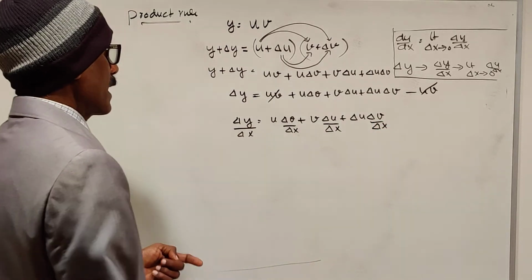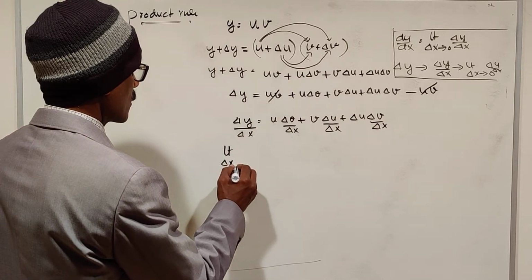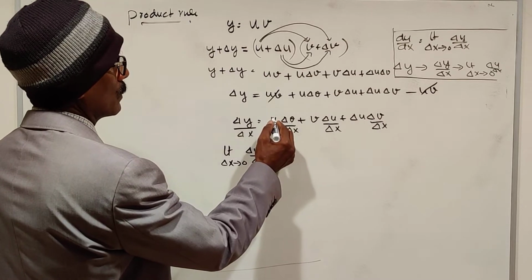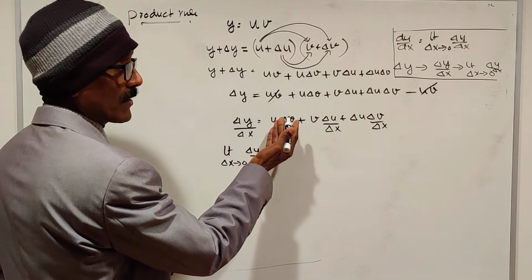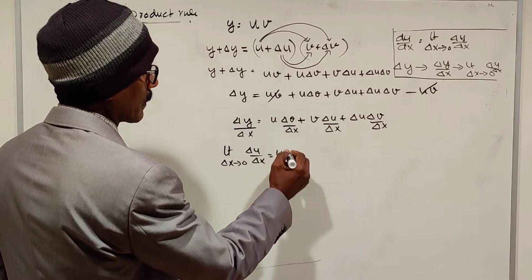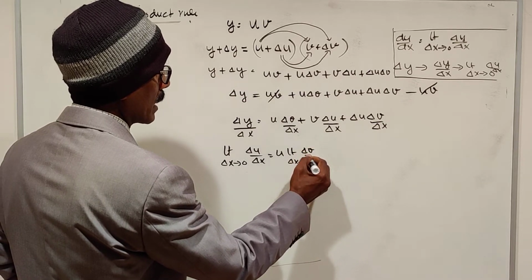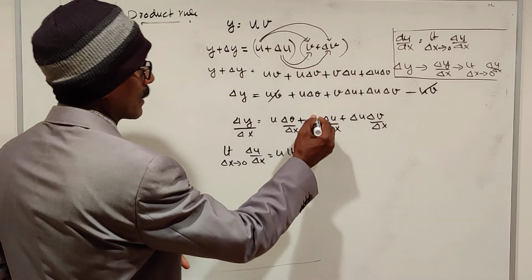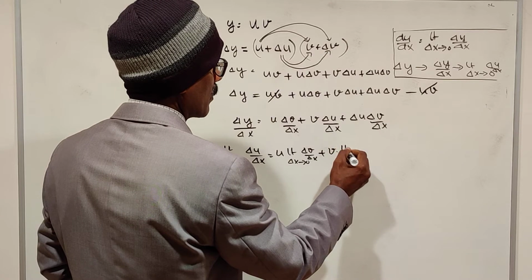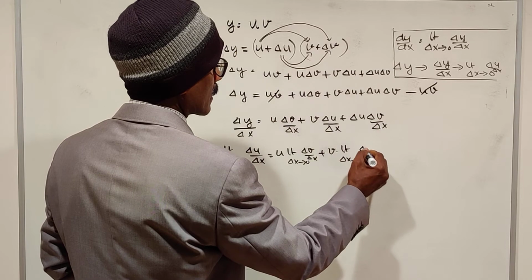Next, apply the limits. Limit delta x tends to 0, delta y by delta x equals u, there is no delta x with u, so you can take it outside. Then put the limit here: limit delta x tends to 0, delta v by delta x, plus v, there is no limit for v, times limit delta x tends to 0, delta u by delta x.